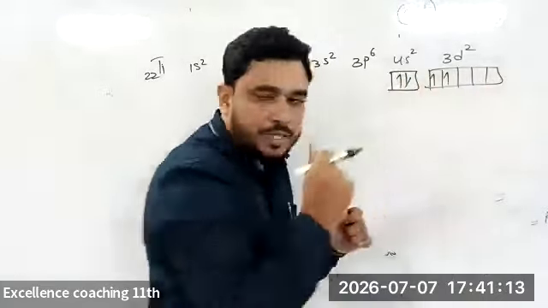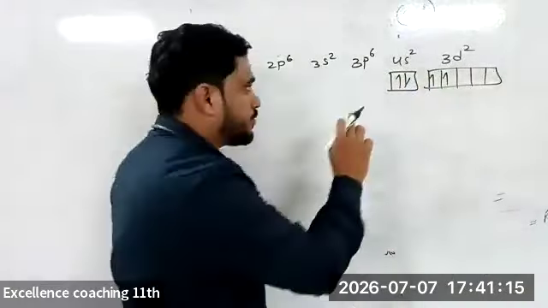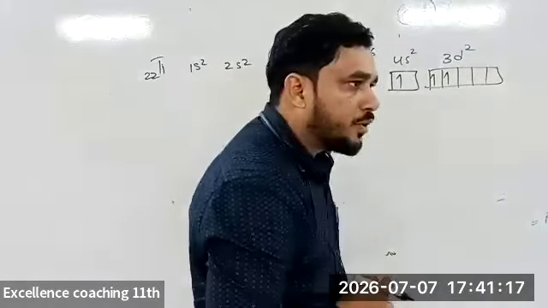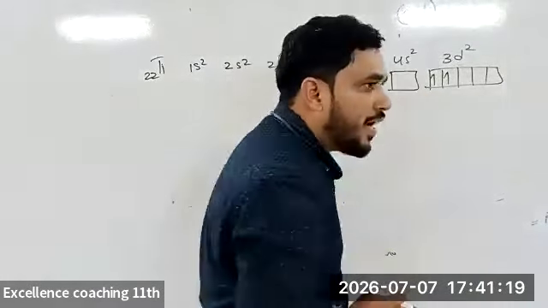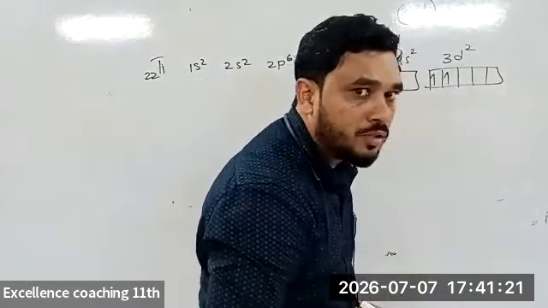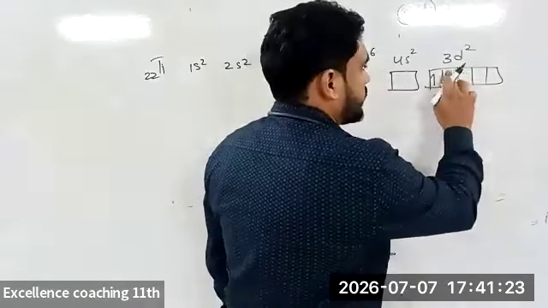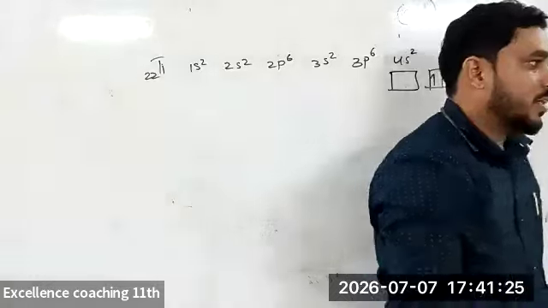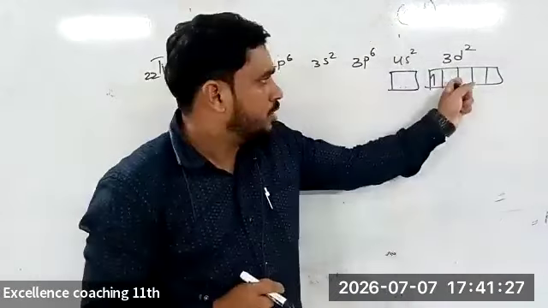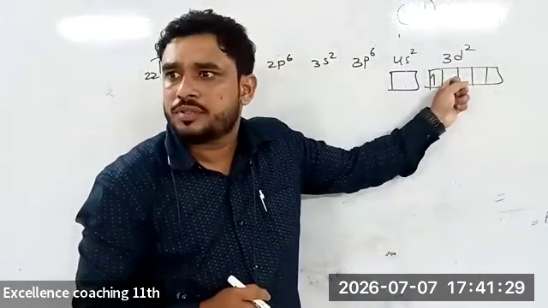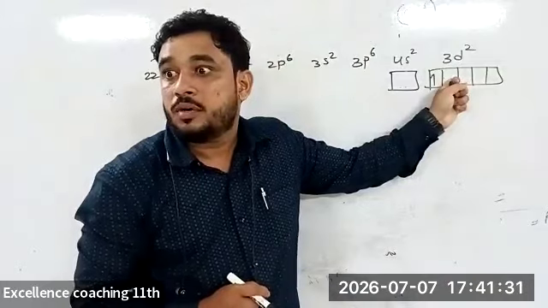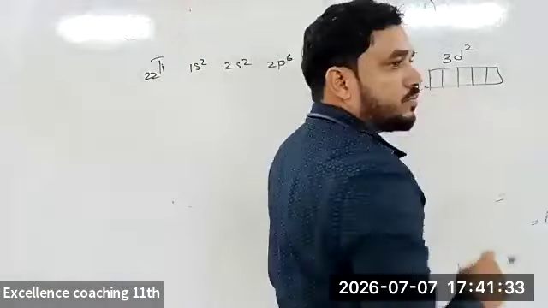Try to understand. First electron from 4s, second electron from 4s, third electron from 3d. Which one? The one which entered last. For us, in our understanding, we have put this second, no? So we will remove this one. Clear?